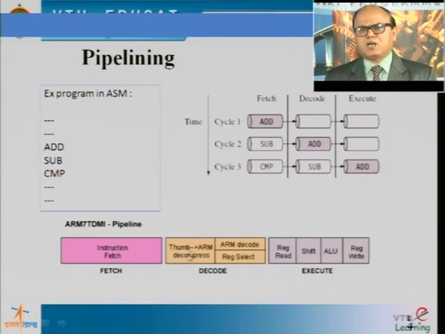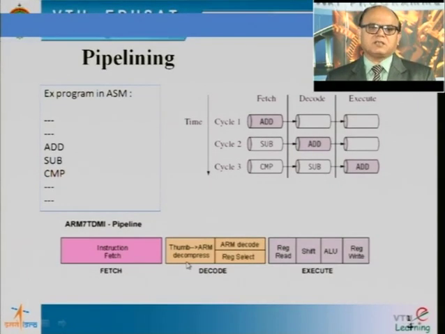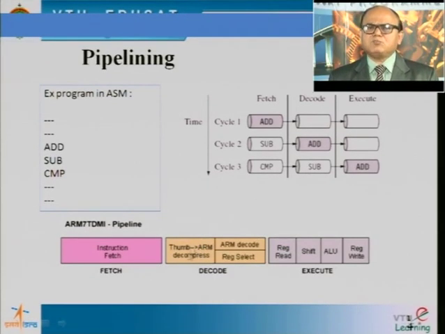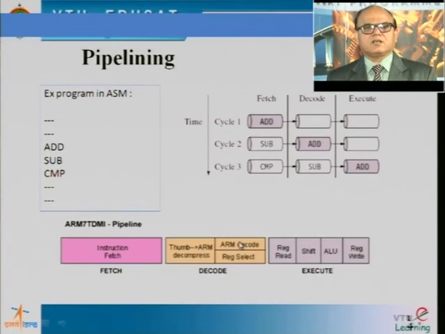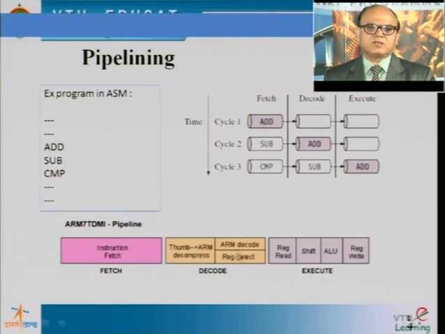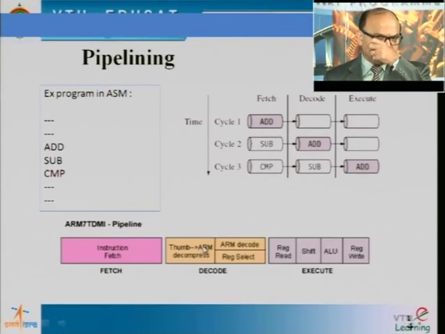So in the early phase of the second stage of the pipeline, if the instruction fetched is a thumb instruction, then naturally decompression is done, and then in the later half of the cycle the instruction gets decoded. That put together is the second stage of the pipeline.